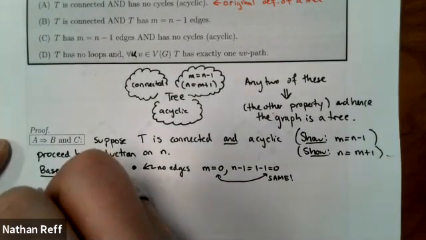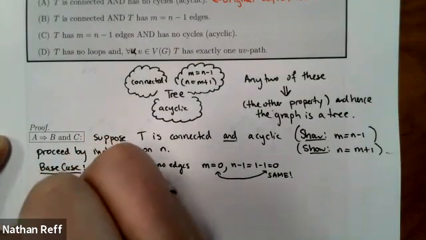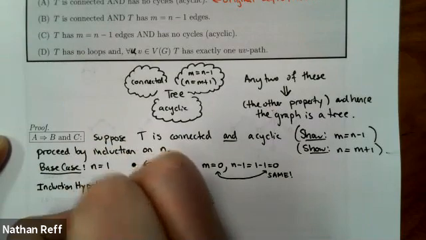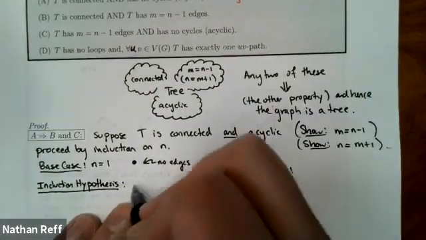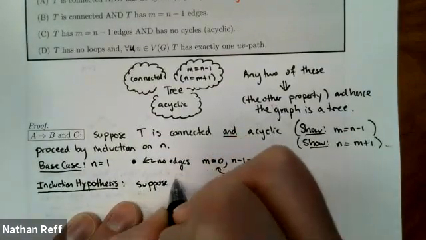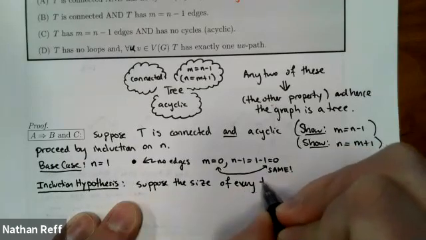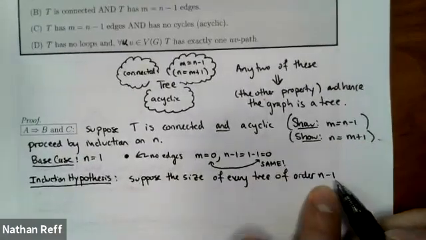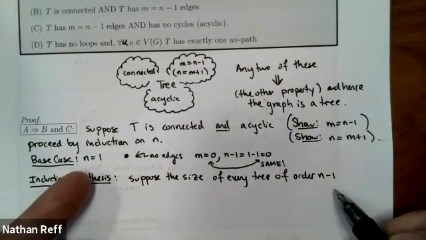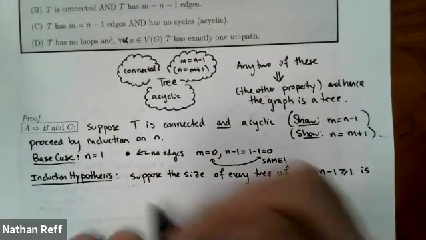Now, the induction hypothesis. Suppose the size, which is the number of edges, of every tree of order n minus 1, where n minus 1 is greater than or equal to the base case of 1, is n minus 2.